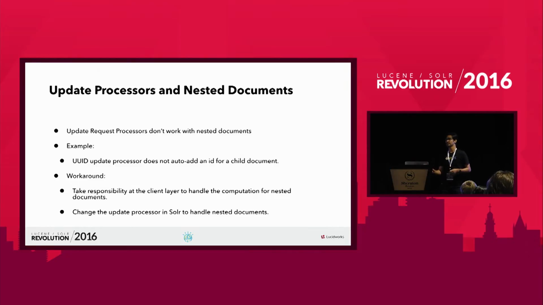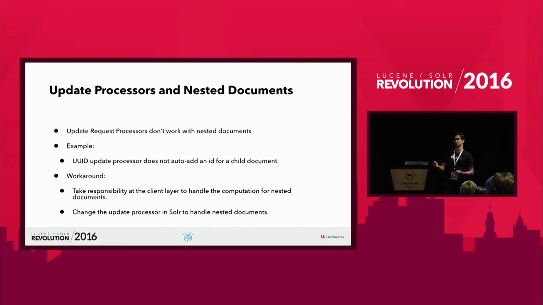What that means is stuff like auto addition of a unique identifier is something that you would have to do, because Solr is not going to be handling that for your child documents. It would still add a unique identifier for your parent document, but wouldn't do that for your child documents. So I'd suggest you just do it outside of it. At IBM, what we did was we actually changed the code.